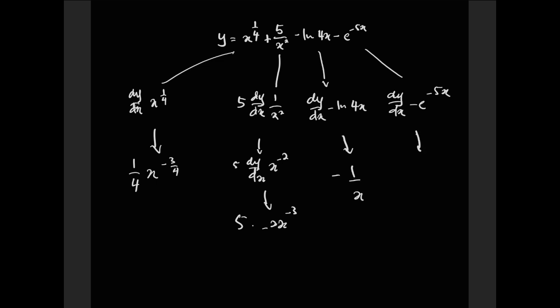The same goes for this one, right? Because we have negative 5 as the k, we are going to use the exponent to the power of kx. So times with k, so we have negative 5 times with exponent negative 5x, which will give us 5 exponent negative 5x.